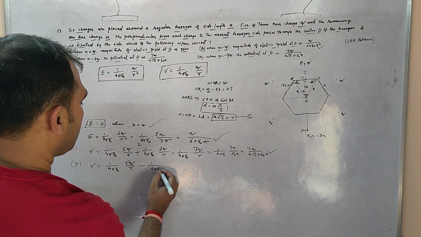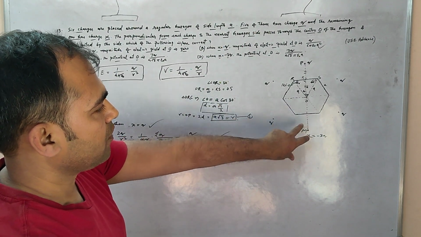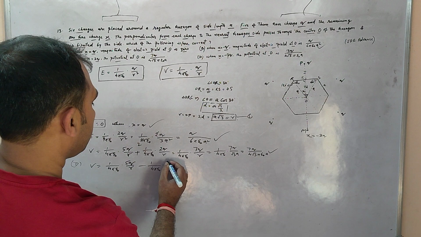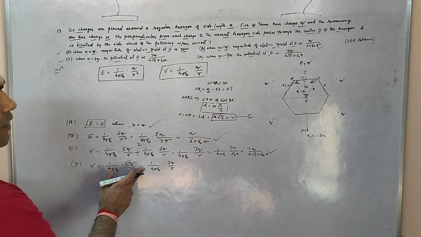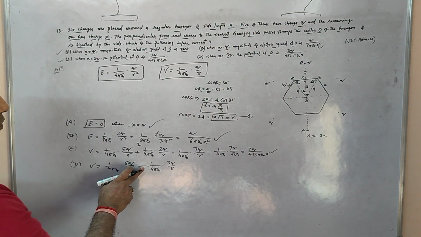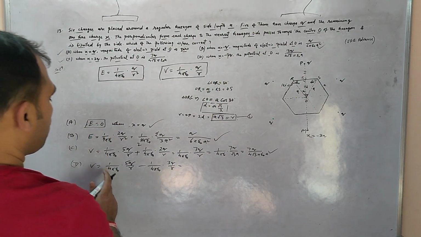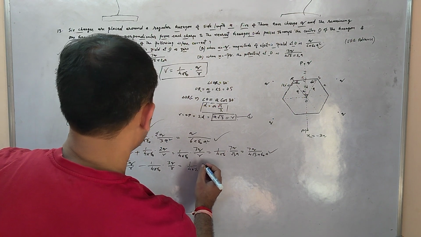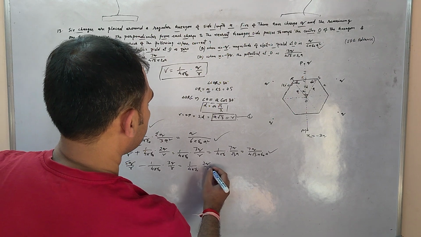and the potential due to point charge at M at point O will be 1 upon 4 pi epsilon naught 3q by r, and it will be minus, negative. So 1 upon 4 pi epsilon naught, 5 minus 3, 2q by r.